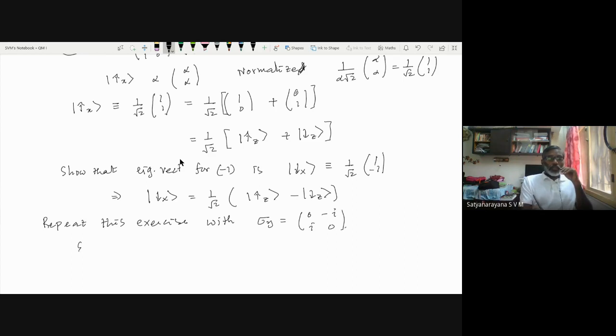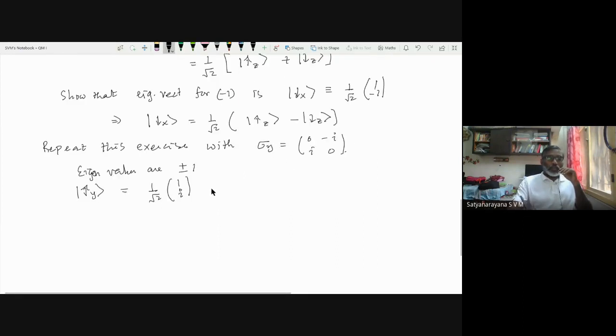Okay, needless to say that eigenvalues are plus minus 1, and up y can be written as 1 by root 2 into 1, i. I will leave it for you to show this. And down y can be written as 1 by root 2 into 1, minus i.